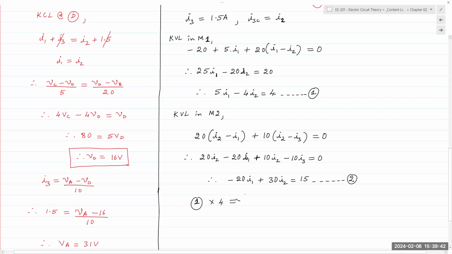It gives me 20 times I1 minus 16 times I2 is equal to 16. Let's call this equation 3. And then I will take equation 2.